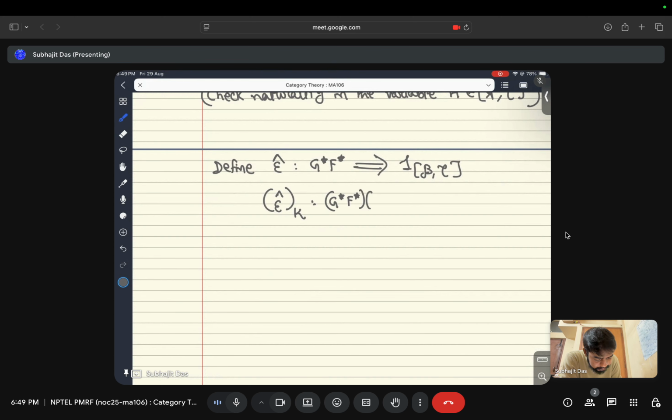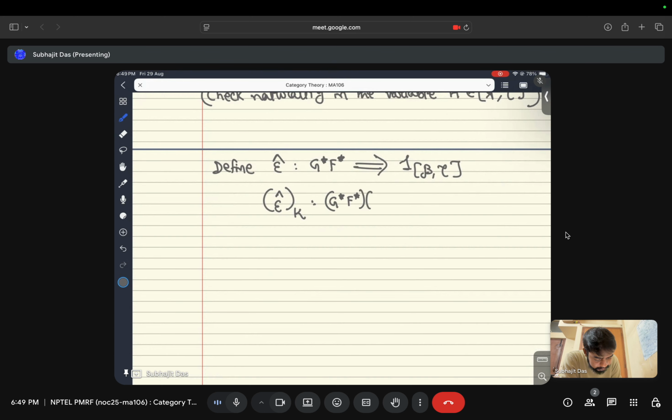So finally, using the triangle identities, or the zigzag identities, as I like to call them, for eta and epsilon, right?